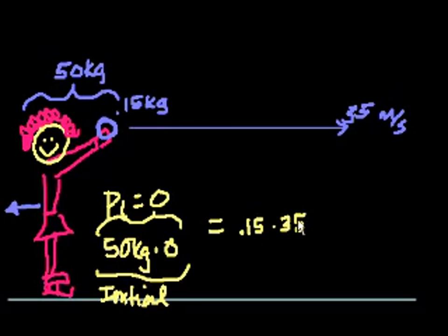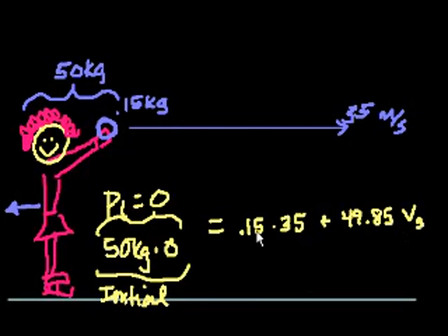This is the momentum of the ball plus the new momentum of the figure skater. So what's her mass? Her mass is going to be 50 minus this. It actually won't matter a ton, but let's say it's 49.85 kilograms times her new velocity, the velocity of the skater.